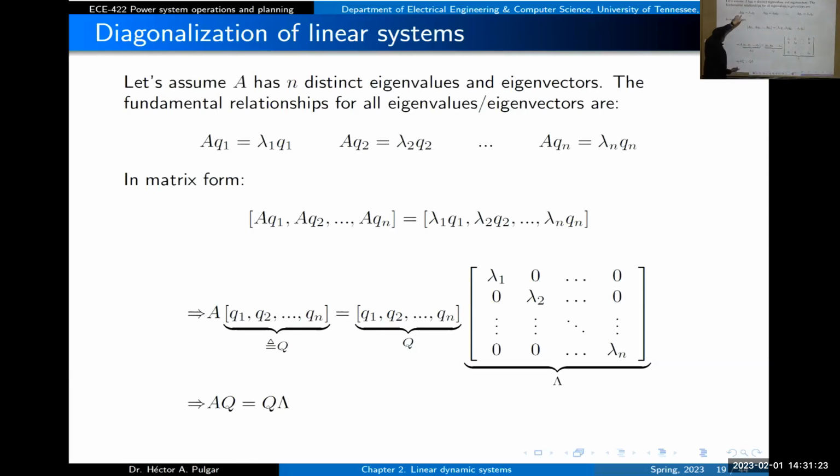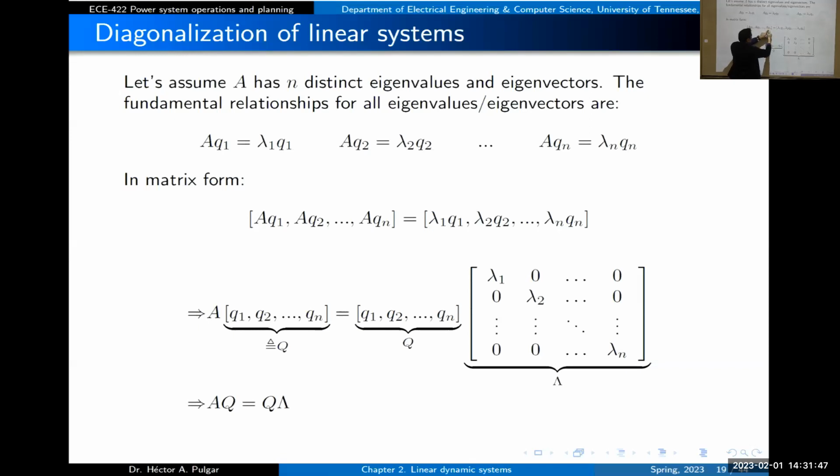In the first column of this set of equations, I'm going to put this equation, A q1, which is a column vector, and here I'm going to put this one. This is an equality, right? For the second equation, I will put the second column here, A q2, and here this one. This is an equality.